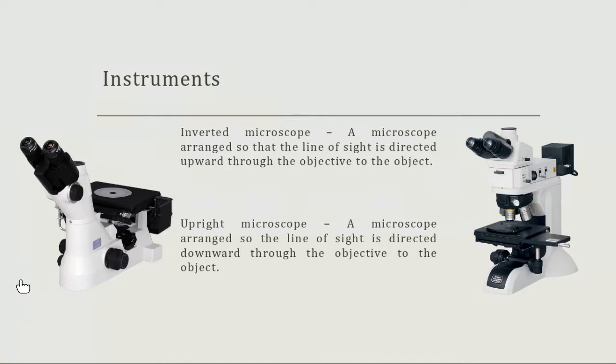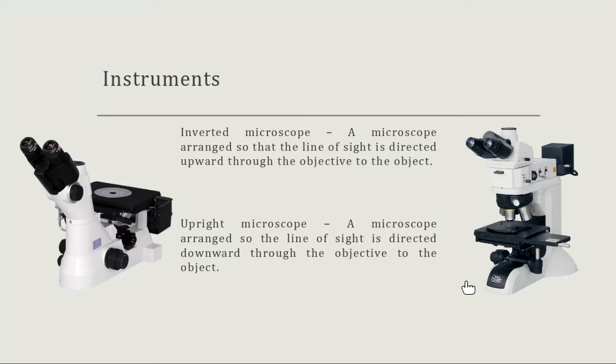This would be an inverted microscope over here on your left. The objectives are positioned here at the bottom, and all the mechanisms of the microscope are down below, and your image is produced through this hole here. Then you have the upright microscope, which is the opposite. You have the objectives above the sample, and you're looking downward onto your object.